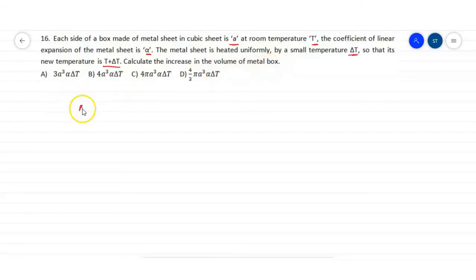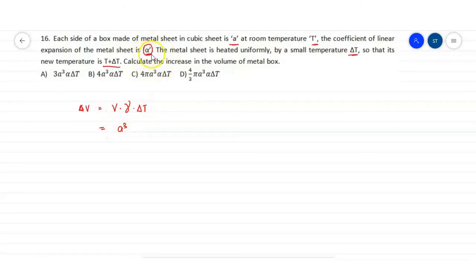We know that change in volume of any body due to thermal expansion is given as V gamma into delta T. Here V will be its initial volume, gamma is coefficient of volumetric expansion, and delta T will be the change in temperature. So initial volume, side of the cube is given as A, means initial volume will be A cube.